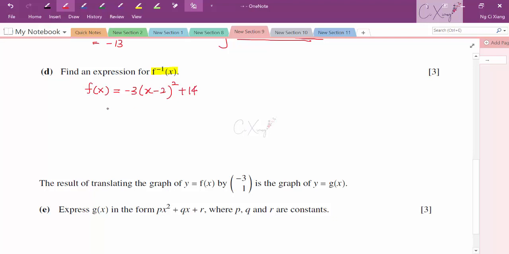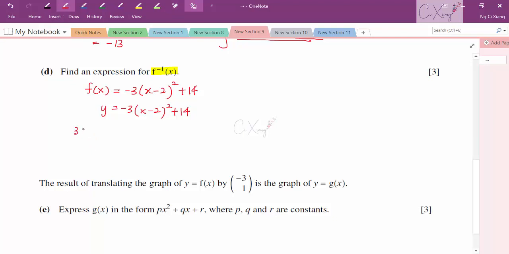Okay, so we will let y equal this, and we want to express this equation with x in terms of y. So if I move it to become x in terms of y, generally this is what we have.